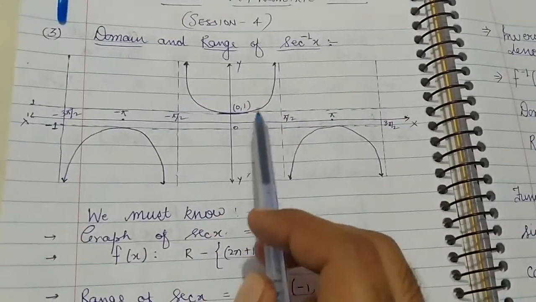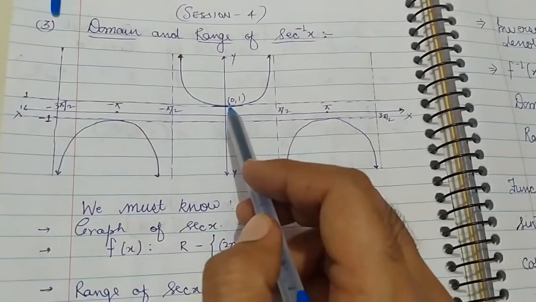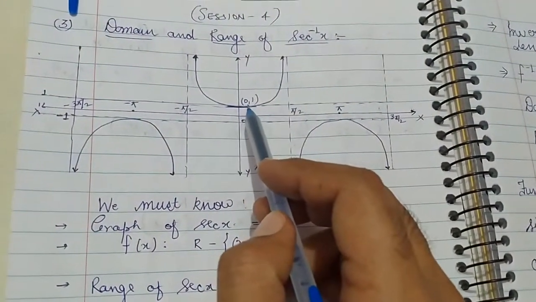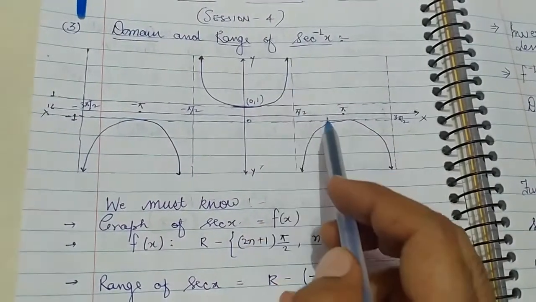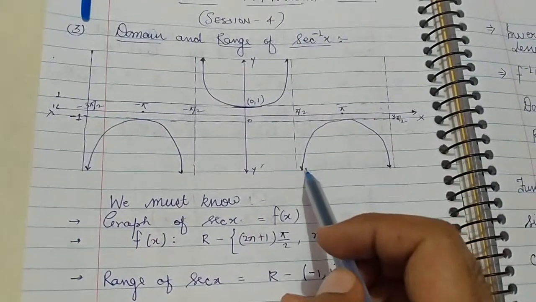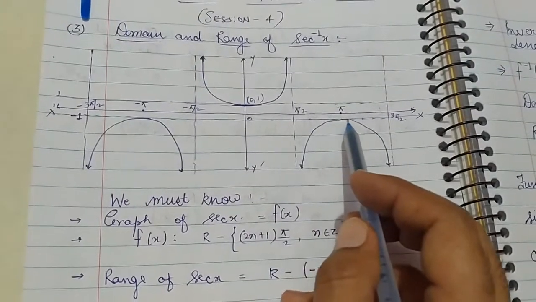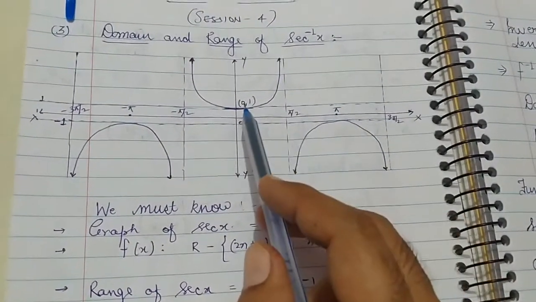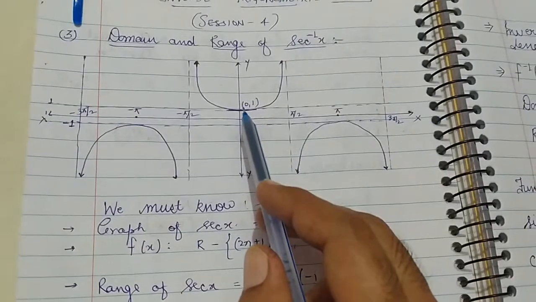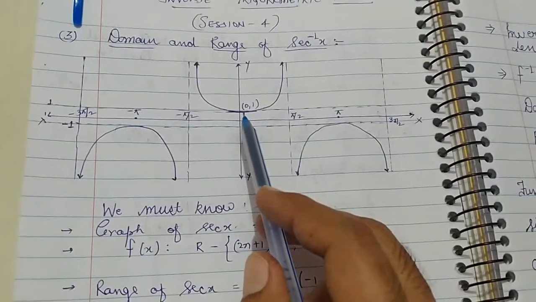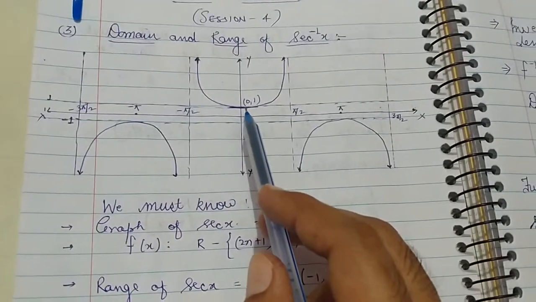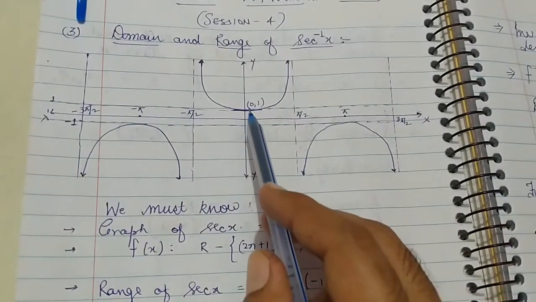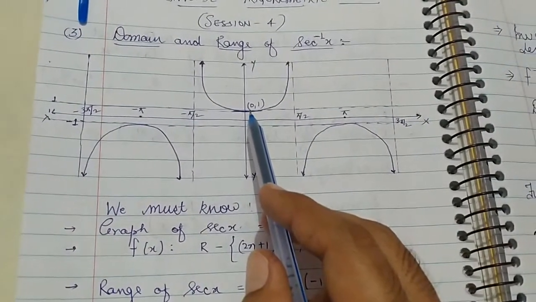From this graph we can say that the range of this function is 1 to infinity and from minus infinity to minus 1. Again see the graph. The values of y whose pre-image doesn't exist are minus 1 to plus 1.